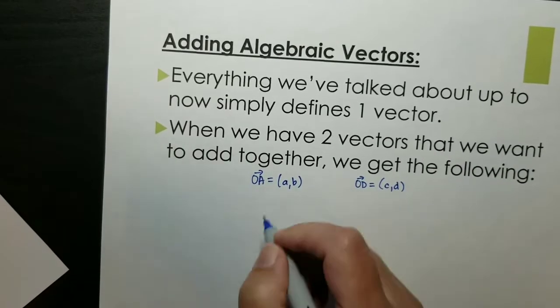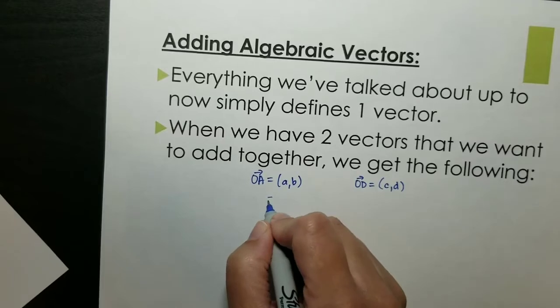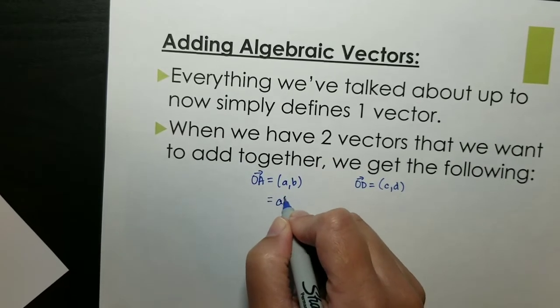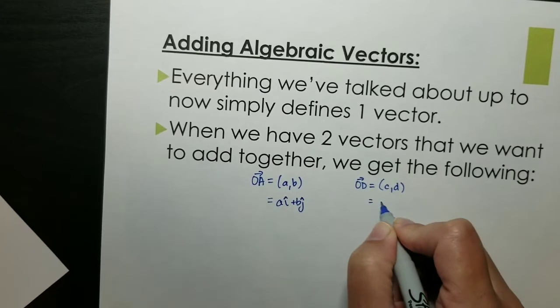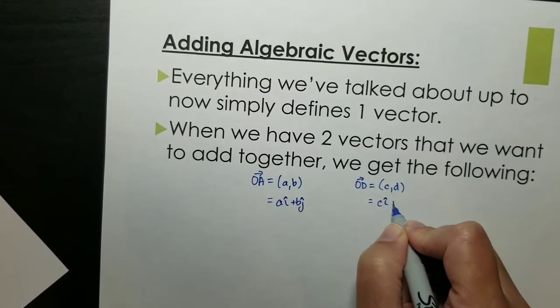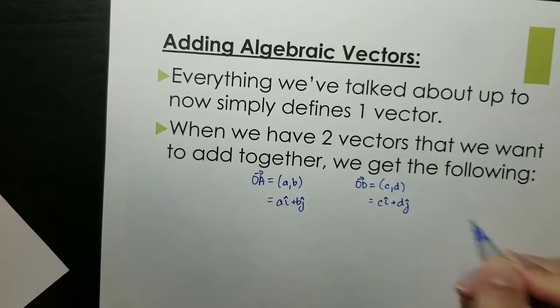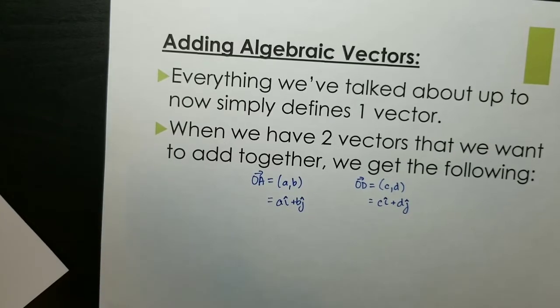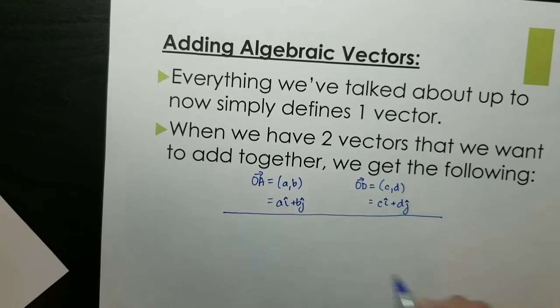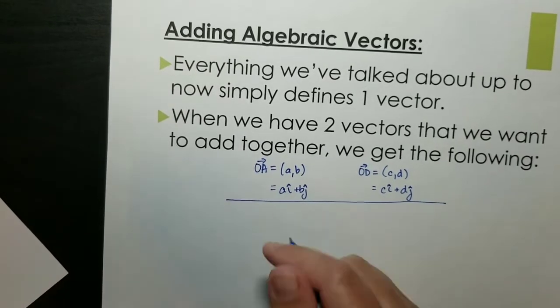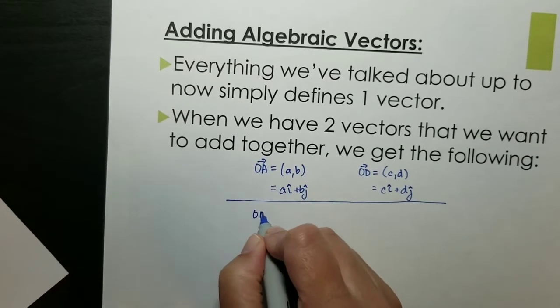If I want to add these, this, remember, could be a times i hat plus b times j hat, and this one would be c times i hat plus d times j hat. So we're going to use our properties of vectors to add these together and come up with an expression for how to add algebraic vectors.